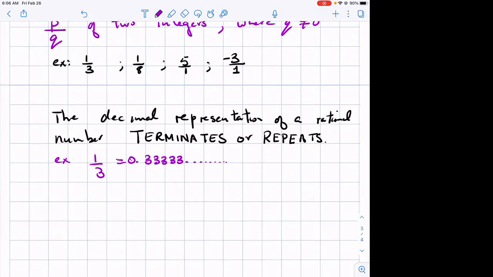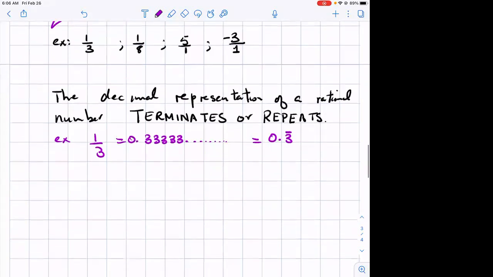We say that this is the same as 0.3 with a line over it. When the number repeats and never stops, we put a line over the number that repeats. If it's two numbers, you put a line over the two numbers.